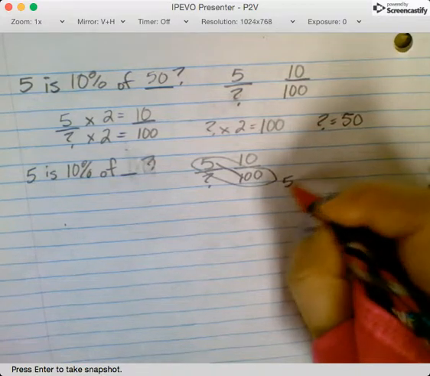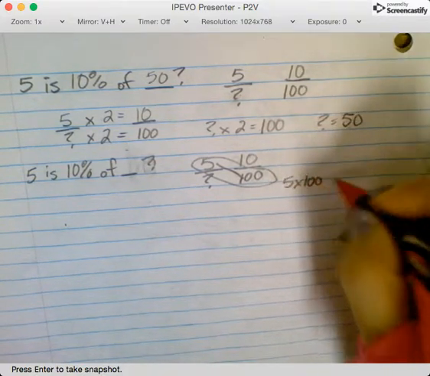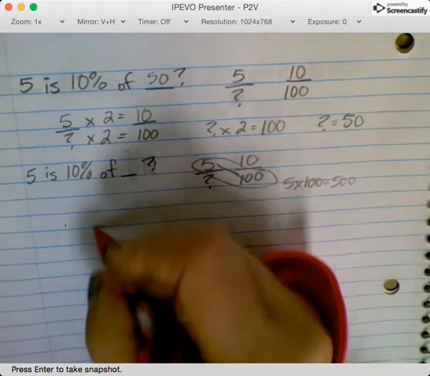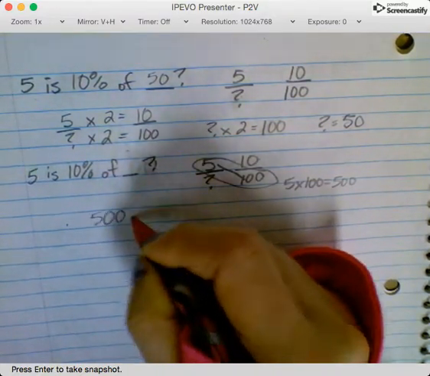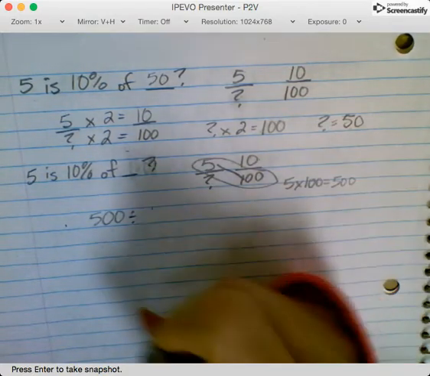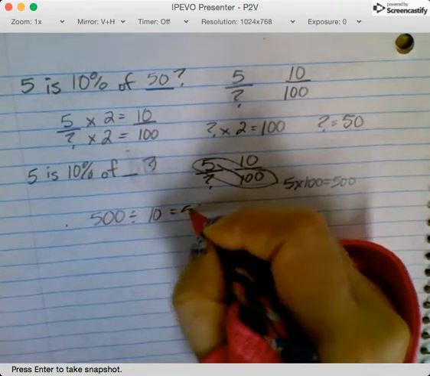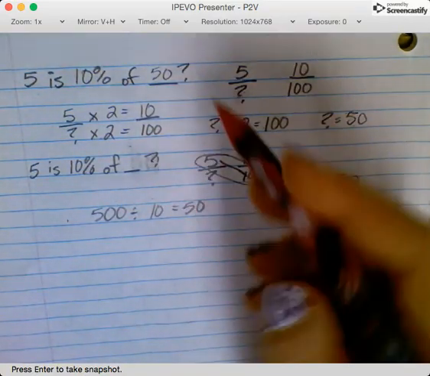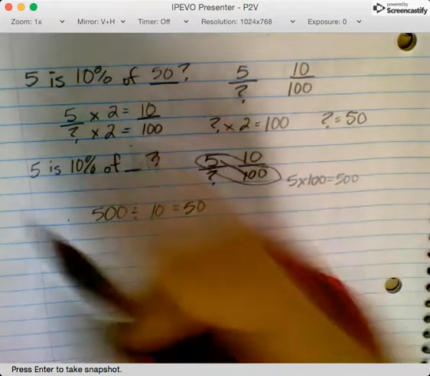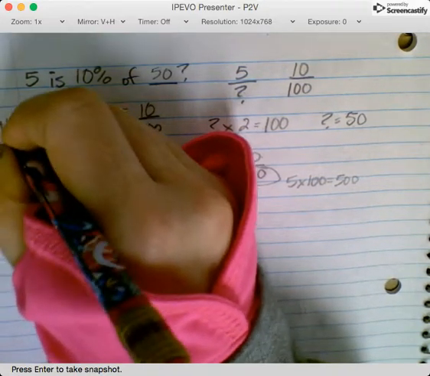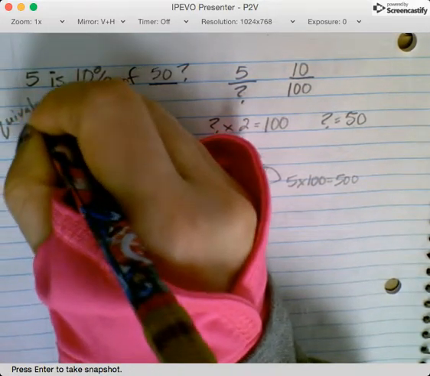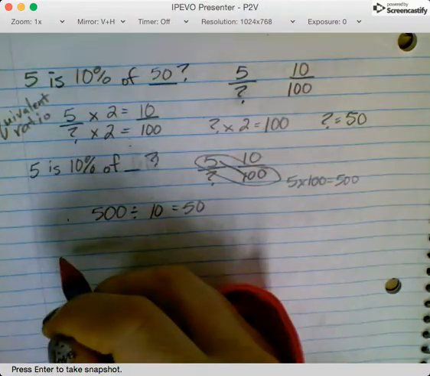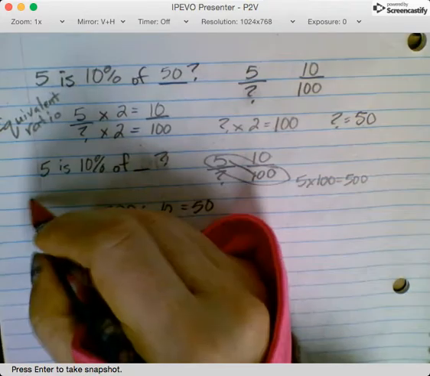So you would do 5 times 100, which equals 500. And then you divide that answer by your other number. So 500 divided by 10, which equals 50. So I still get the same answer, regardless of whether I've used equivalent ratios or cross multiplication.